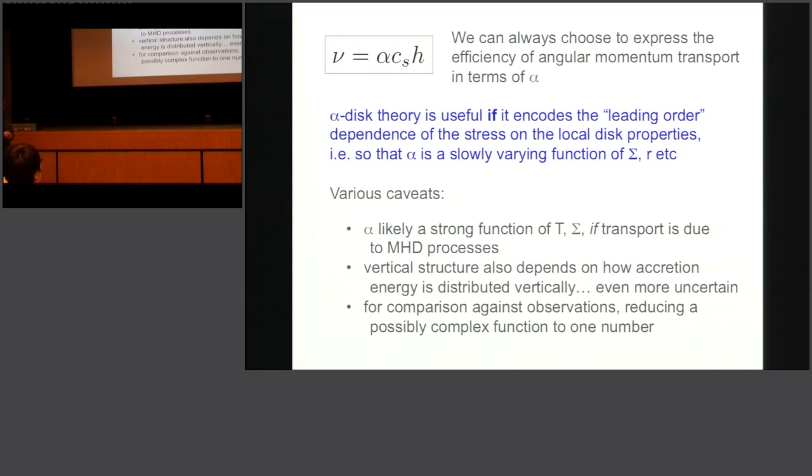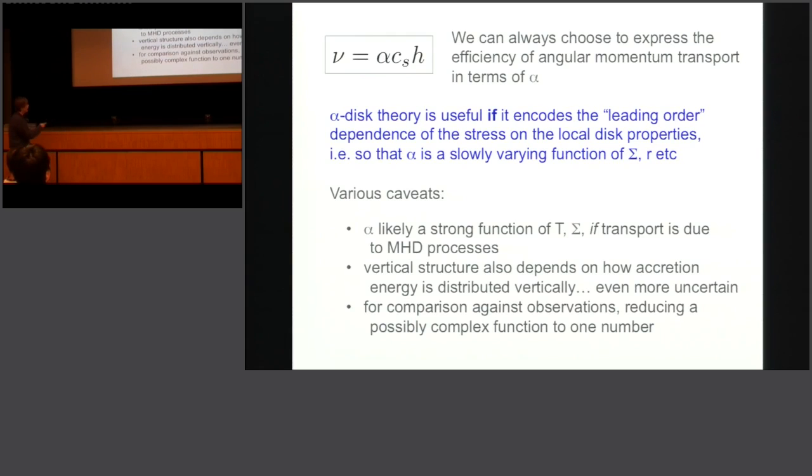So this may be true in many circumstances, and actually in black hole accretion disks, this is probably quite a good way of thinking about the problem. In protoplanetary disks, it's less clear because of the fact that the disk is so cold, and therefore the angular momentum transport processes may be quite complex and may differ from one place in the disk to another.